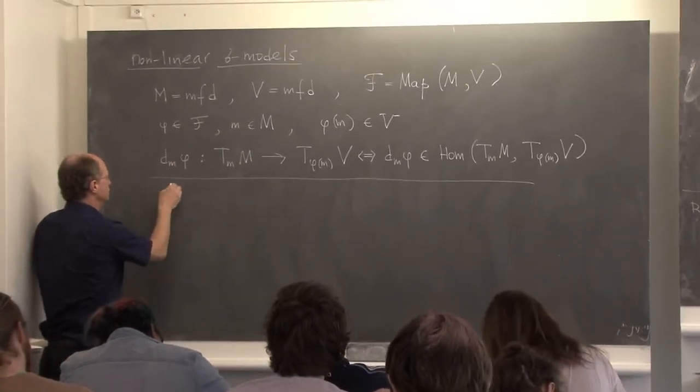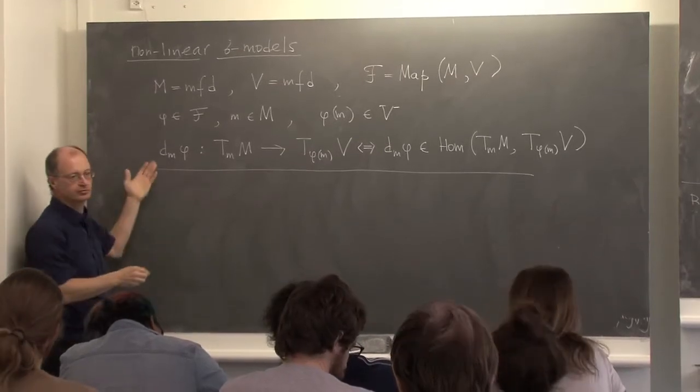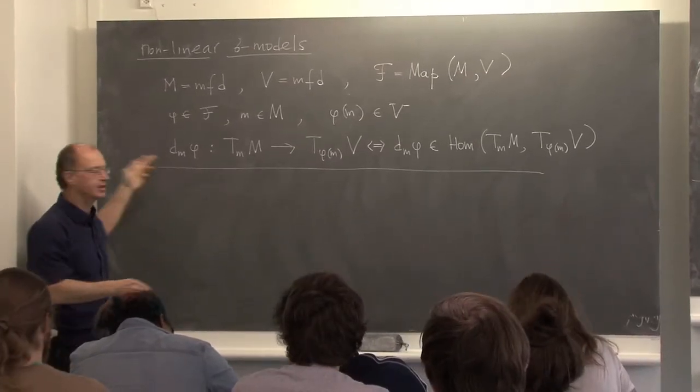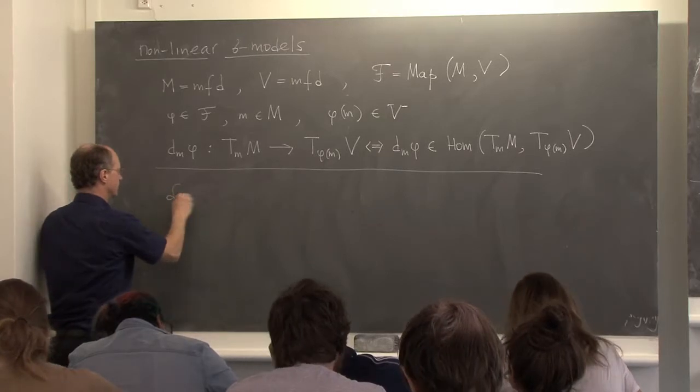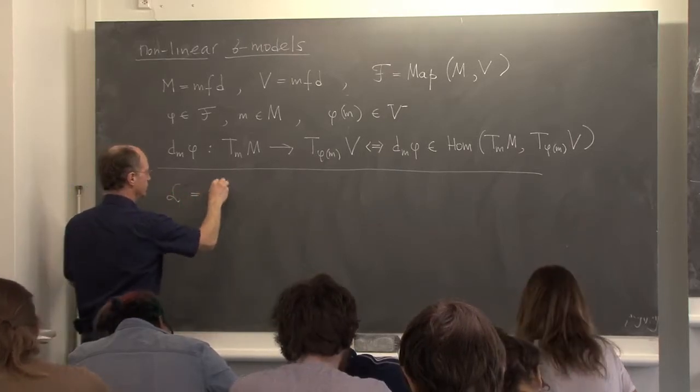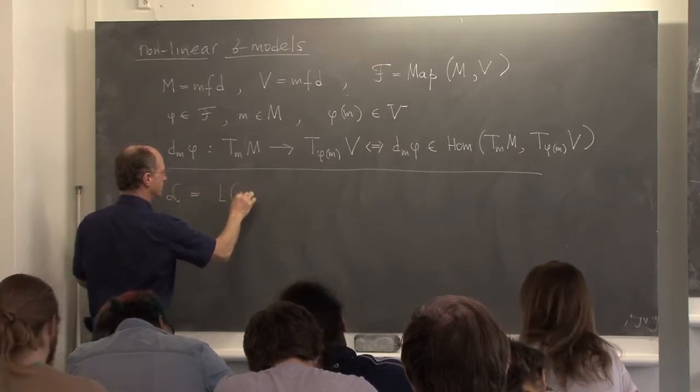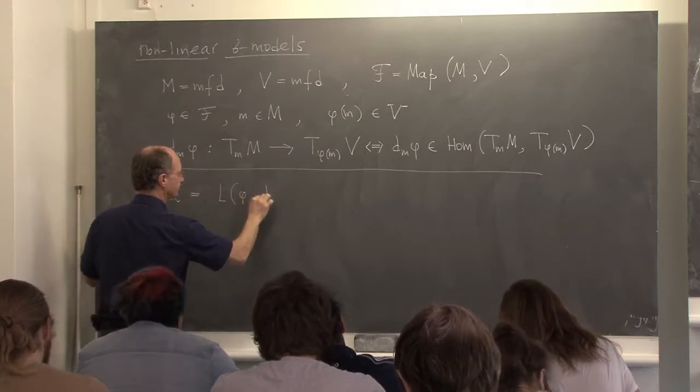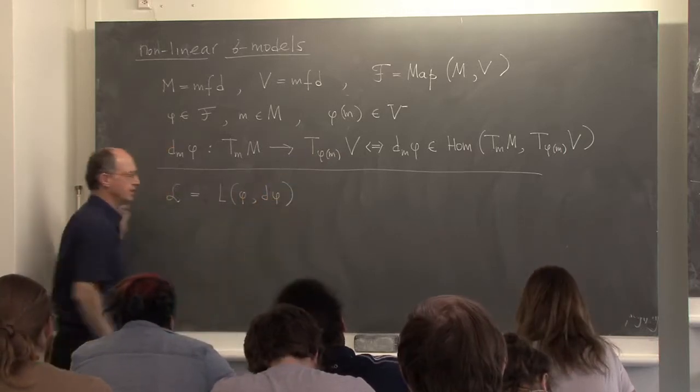Now, in general, if I want to write a Lagrangian which depends on phi and its derivatives, so this will be L of phi and d phi.